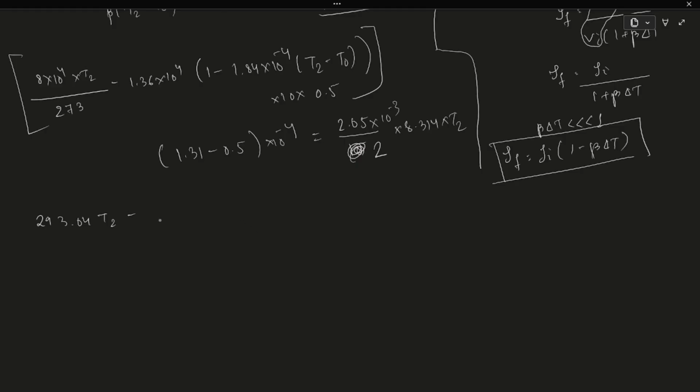So this is 68000, minus 1.36 into 10 to the power 4 into 10 into 0.5 into 1.84 into 10 to the power minus 4.